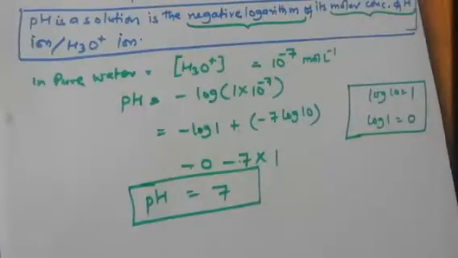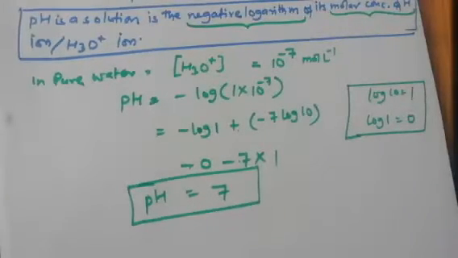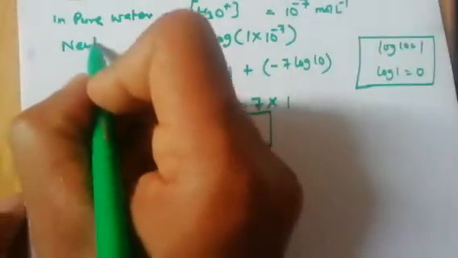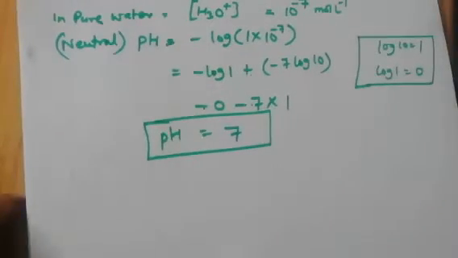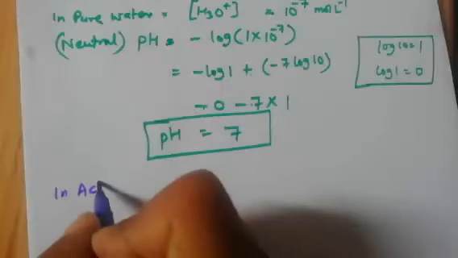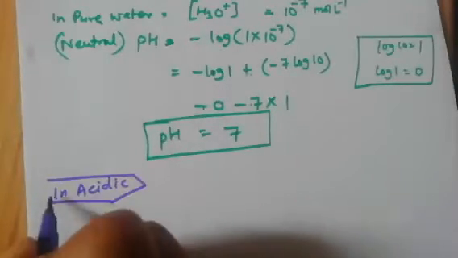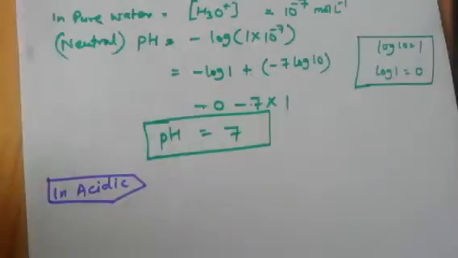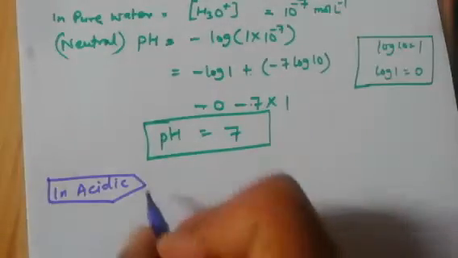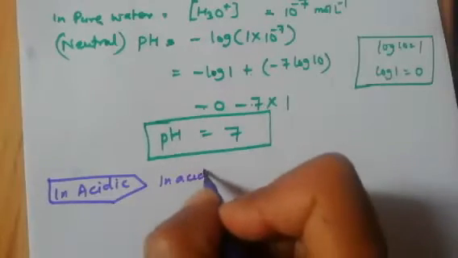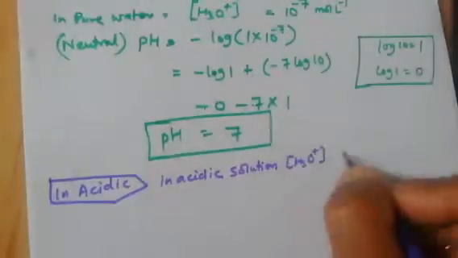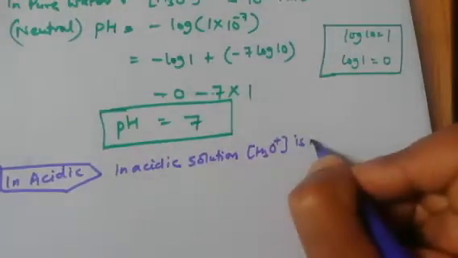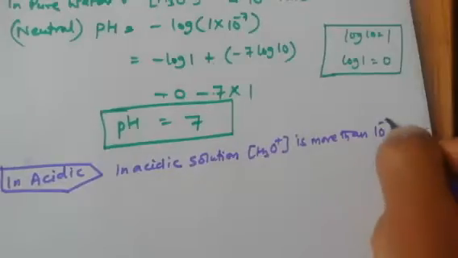In this way, dear students, you can calculate the value of pH. This is the case of neutral. Now, if I take the case of acidic, in an acidic solution the H3O positive concentration is more than 10 raised to power minus 7.